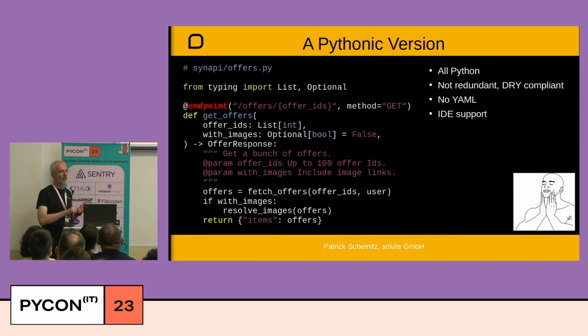So this is what we're striving for. The add endpoint decorator takes a path, takes the HTTP method, and it's just wrapped around our Python code. And that's all there is to it. Now we only write Python. There's no redundancy, there's no OpenAPI, there's no YAML. That's pretty smooth. How do we get there?